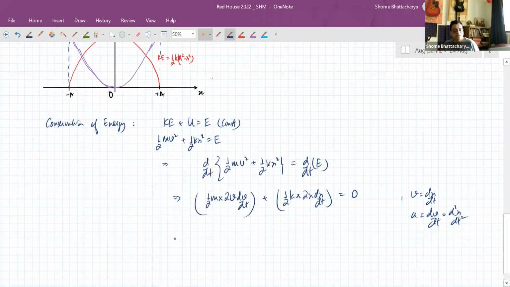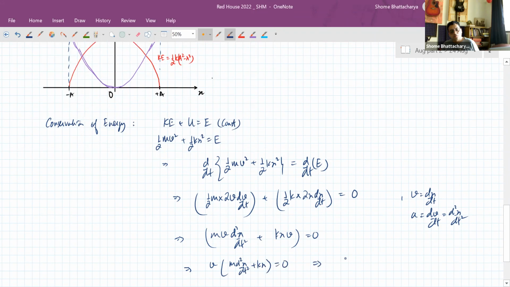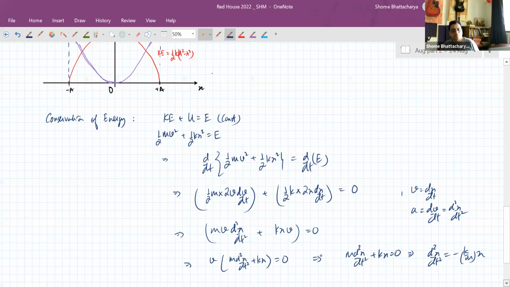So from this we can write it like this, that mv into d2x by dt square plus kx into v is equal to 0, or the equation of SHM.